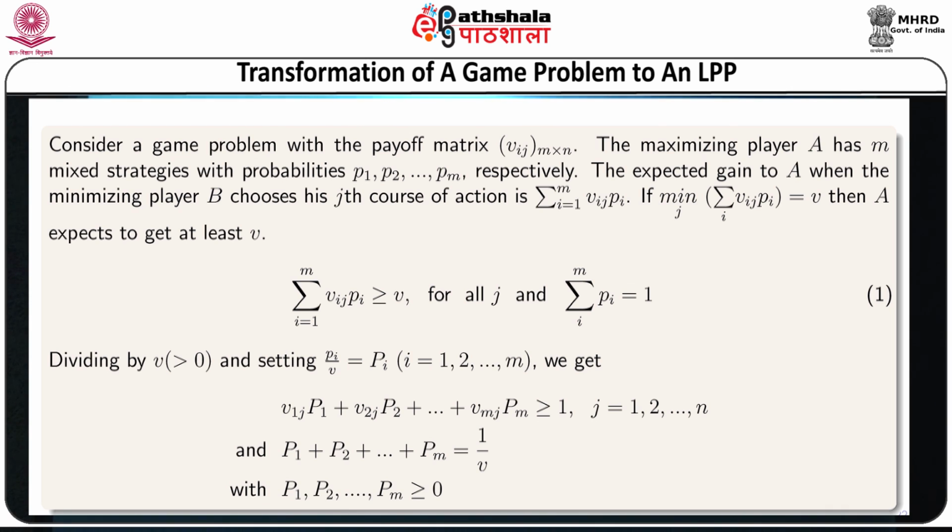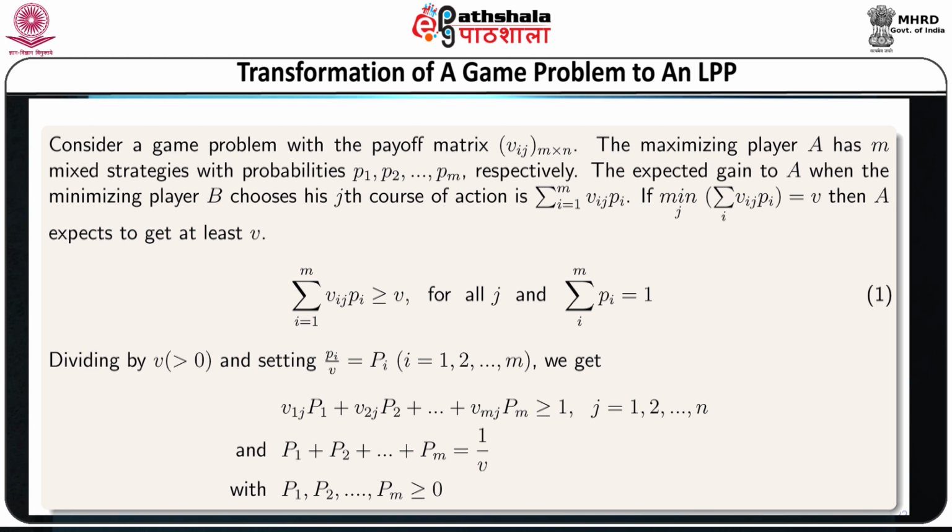The expected gain to A when minimizing player B chooses his jth course of action is obviously the sum over i from 1 to m of vij Pi, and if the minimum over j of this sum equals V, then A expects to get at least V.